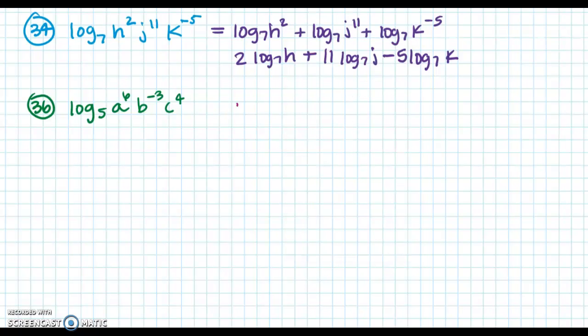So log base 5, a to the 6th, plus log base 5, b to the negative 3, plus log base 5, c to the 4th, and then bring all the powers out. So 6 log base 5 of a plus negative 3, so that would just be minus 3.